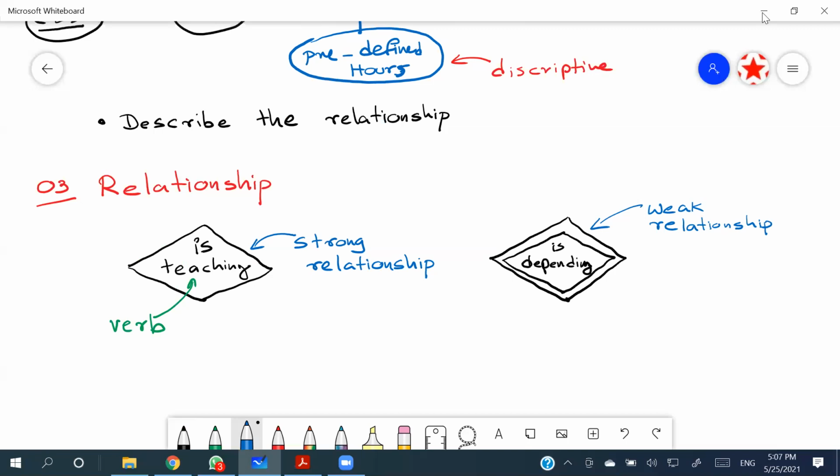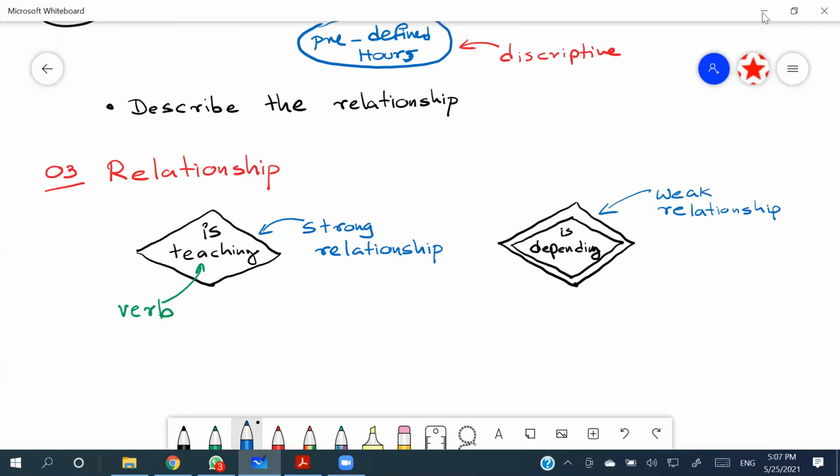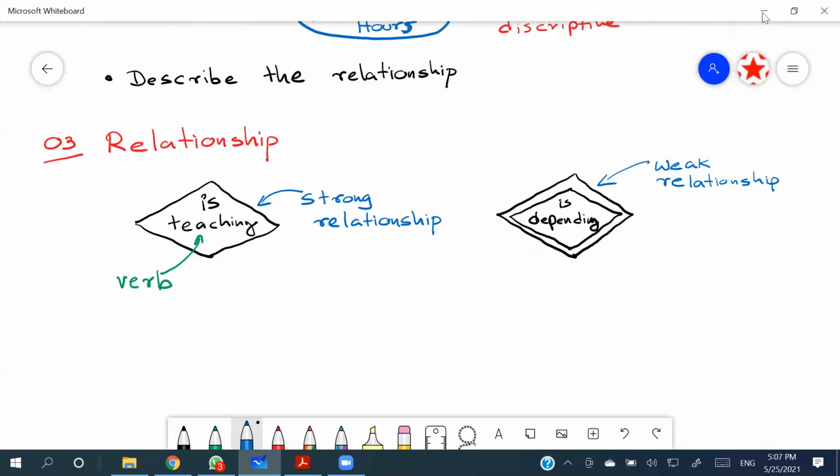Now, the relationship is the component which connects the entities with each other.